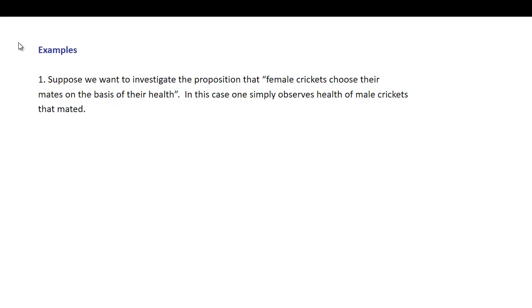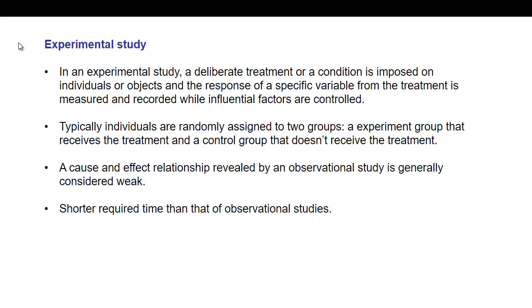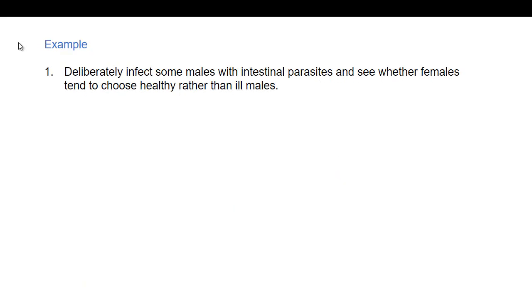But we can also do an experimental study, where we deliberately infect some of the males with intestinal parasites and see whether females tend to choose healthy rather than ill males. Since we are imposing a treatment on some of the objects, this would be an experimental study.